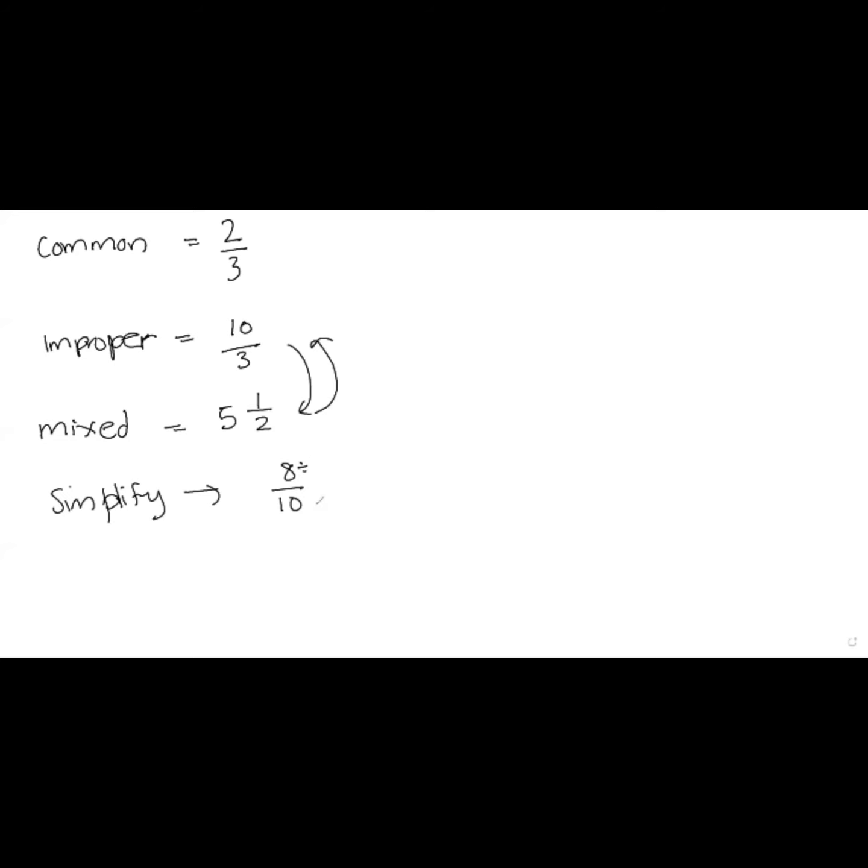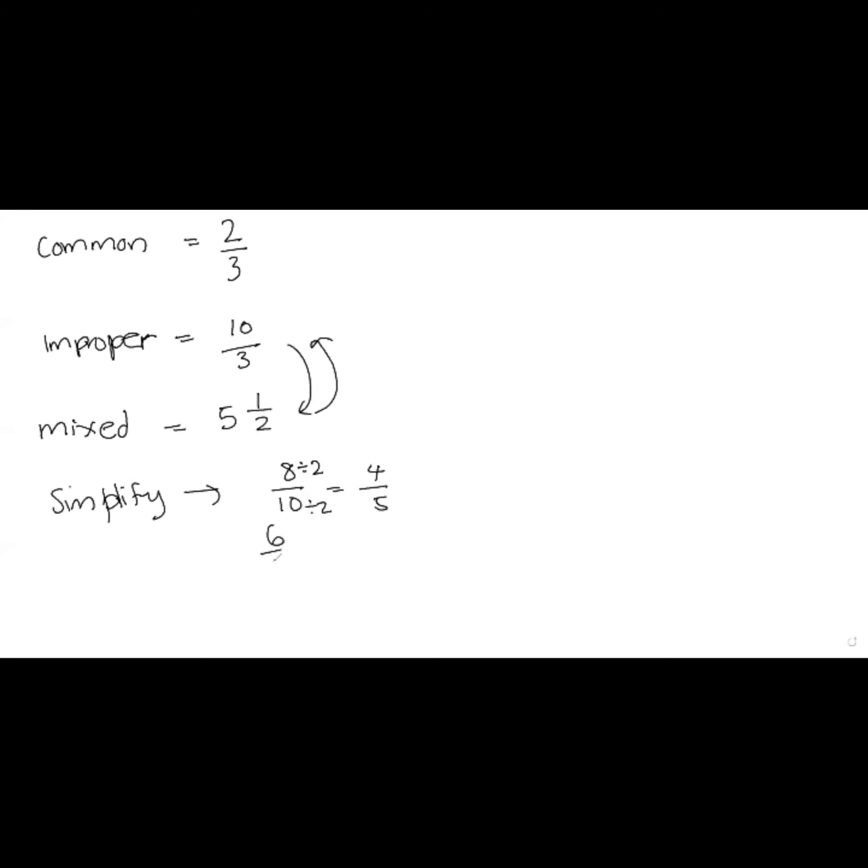So you're looking for what's common between 8 and 10, and that's obviously 2, isn't it? So we divide that by 2, divide the bottom by 2. So we're looking at the numbers. If it's even numbers, we always start with 2. But we need to divide by the biggest possible number that we can divide by. Okay, and then divide this by 2, we got 4. Divide here by 2, we got 5. So 8 over 10 is the same as 4 over 5.